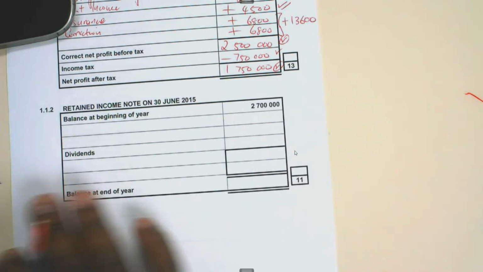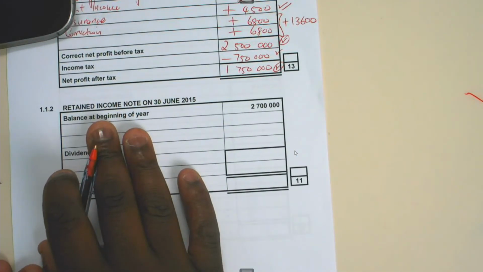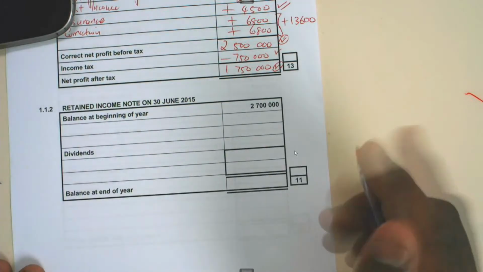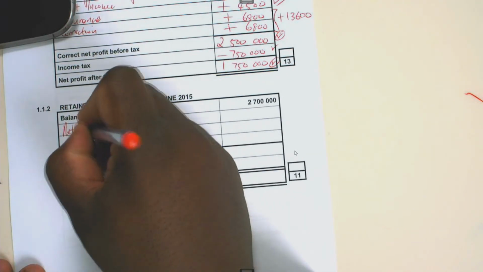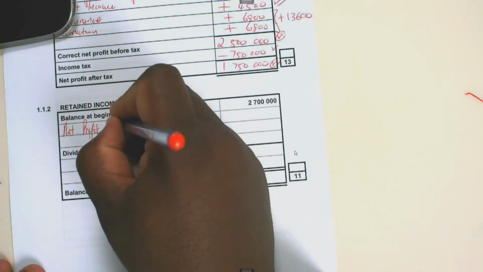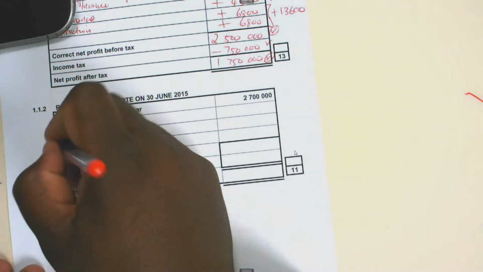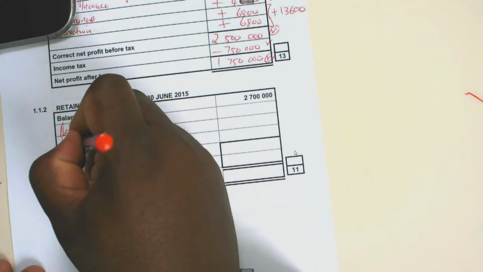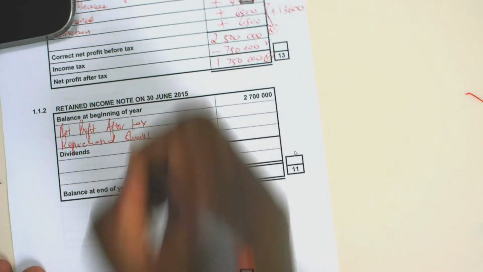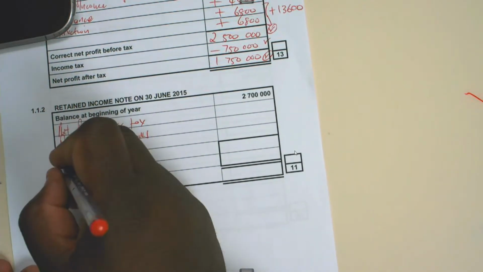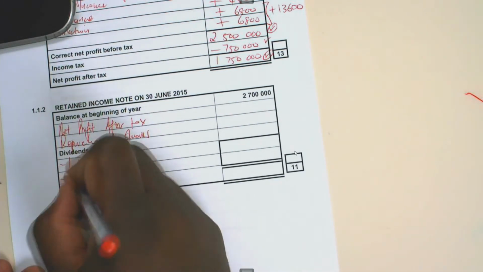The format of retained income is balance at the beginning, net profit after tax, repurchased shares, and then under dividends we have interim and final.